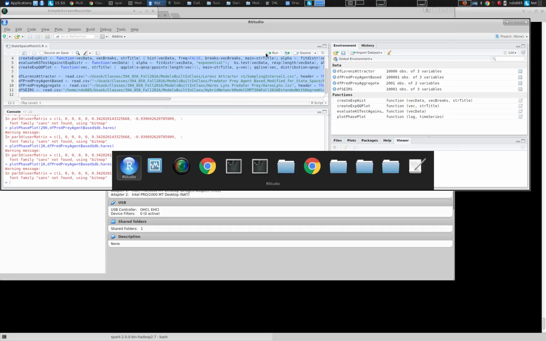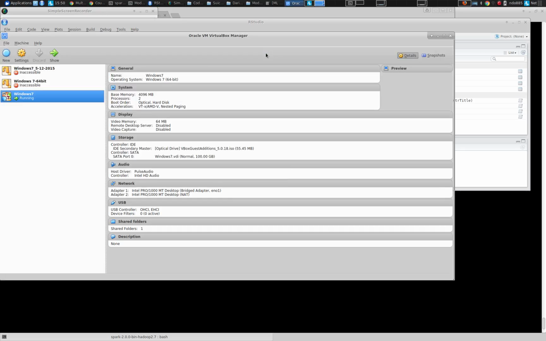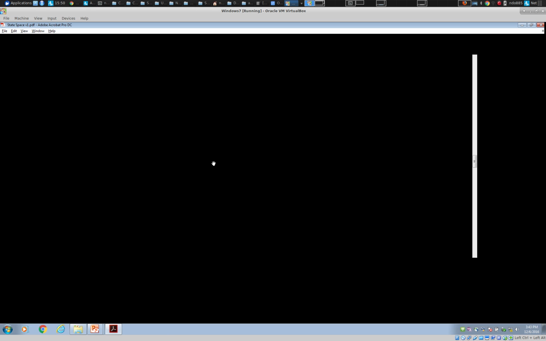So state space reconstruction is an important element of complex systems.